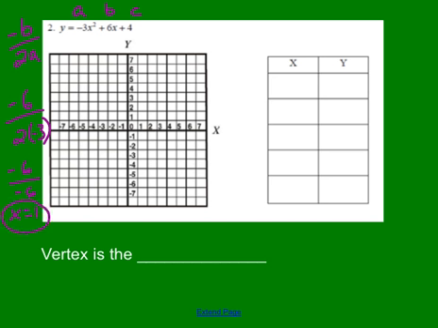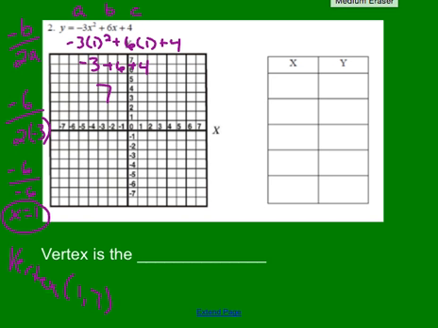Okay? If x is equal to 1, I have negative 3 times 1 squared plus 6 times 1 plus 4. That's negative 3 plus 6 plus 4. That's going to be 7. Right? So then my vertex is 1, comma 7.